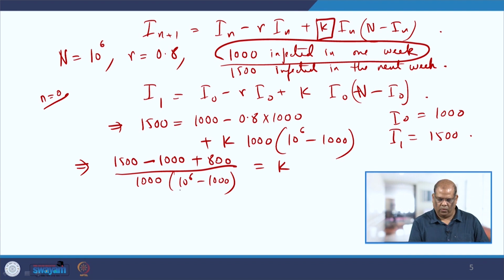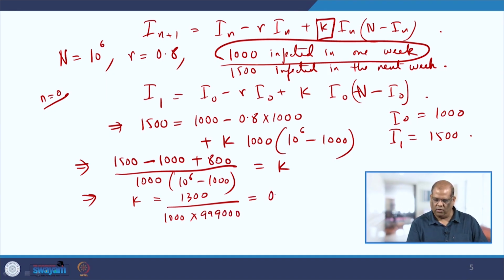If you simplify, this gives k equal to 1300 divided by 1000 into 999000. And if you simplify, you will get 1.3013 into 10 to the power minus 6.